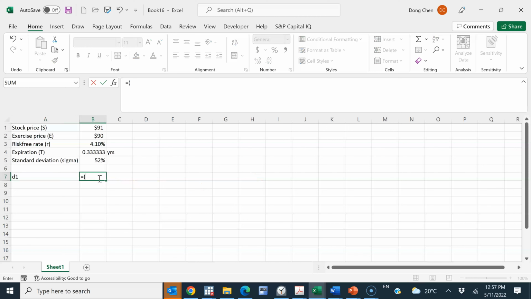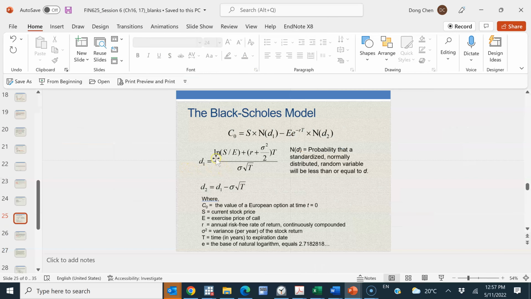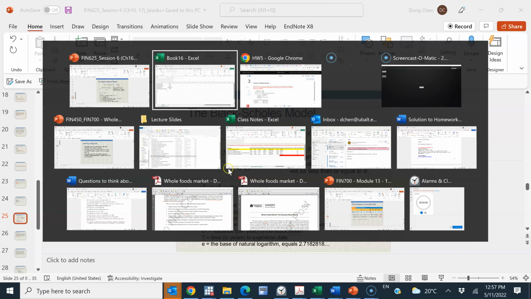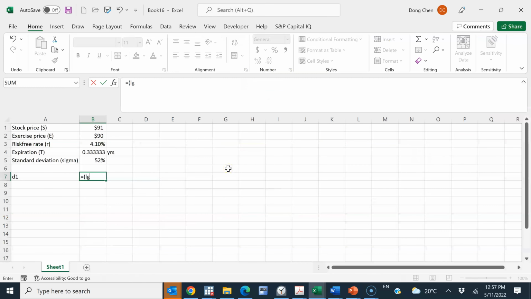So this equals, I add a parenthesis, and the reason I add a parenthesis is because I want to get the sum of these two first before I divide by the sigma and square root of capital T. So I'm going to use the logarithm function ln and open that. It's going to be S divided by E. So S is 91 divided by E, exercise price, and close that.